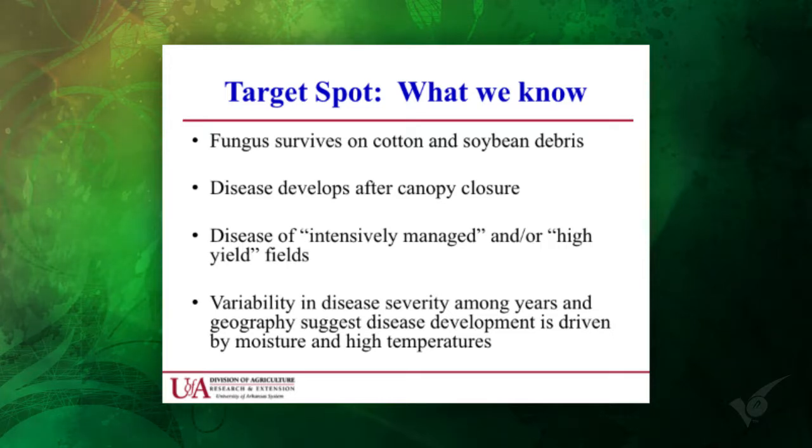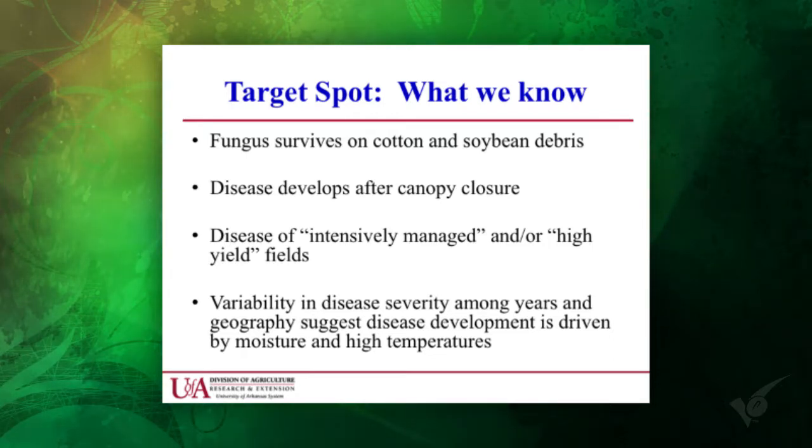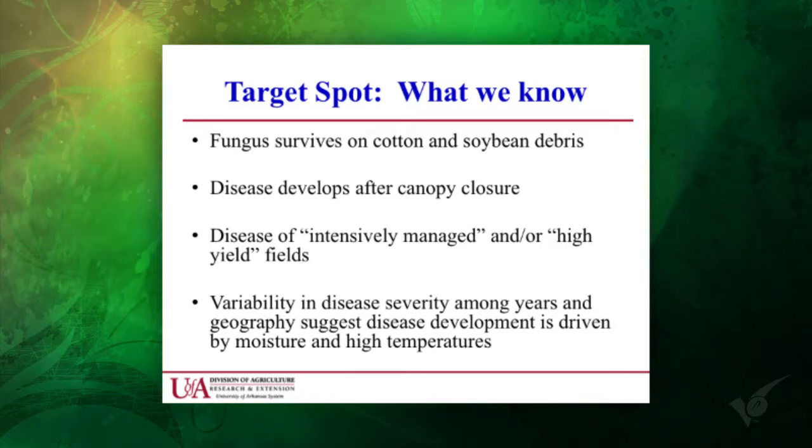Then we have to start over again, and we need those kind of conditions again. So anything that breaks it up really helps us. The last thing we do know is its variability from your field to your field, from Arkansas to Mississippi, when this starts, how fast it develops, which makes it a real challenge.